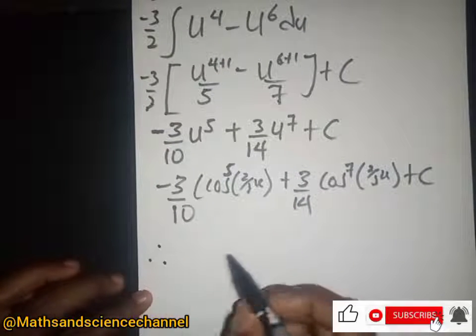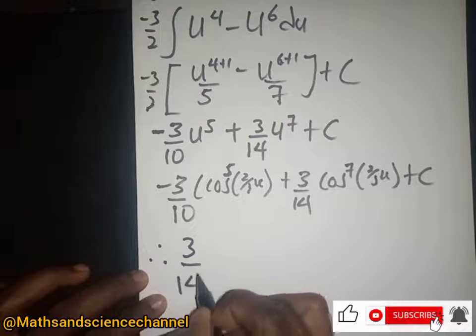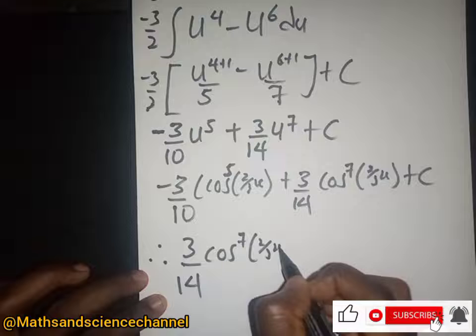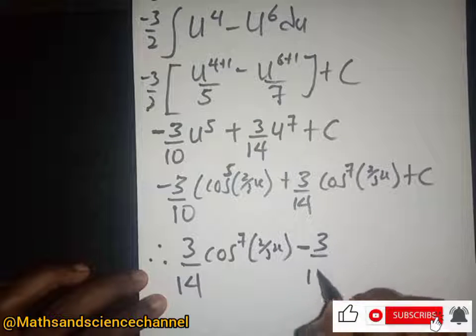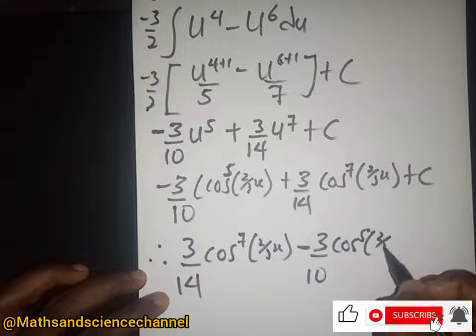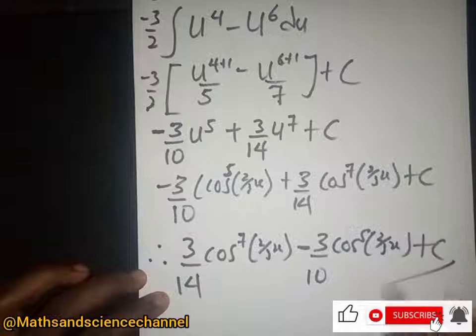Therefore we can write it this way: 3/14 cos to the power 7 of 2/3 x, minus 3/10 cos to the power 5 of 2/3 x, plus c, and that will be the integral.